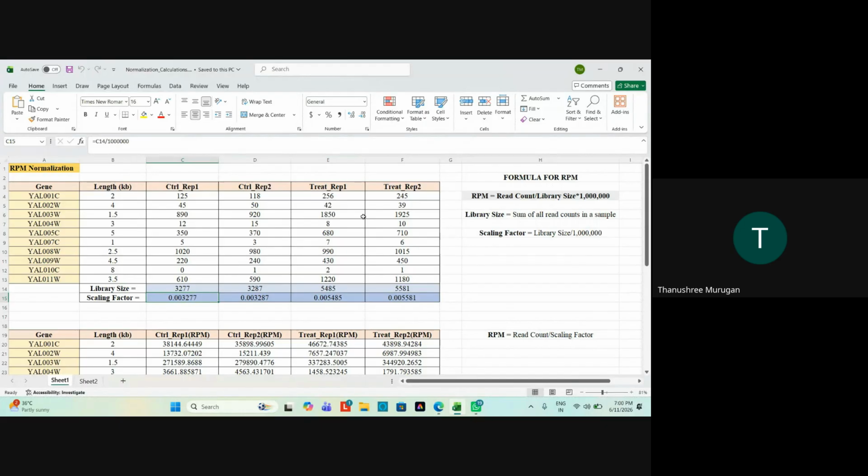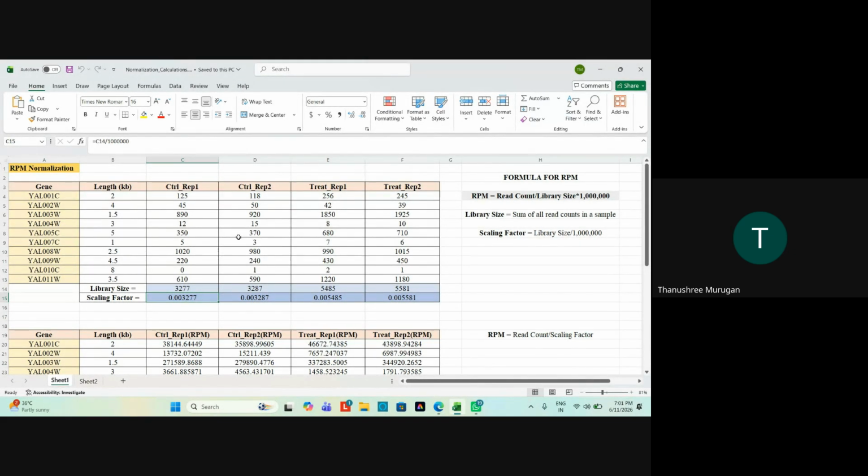Today I'm going to present the normalization calculation performed on the given RNA-seq count data. I have calculated RPM, RPKM, and TPM normalization using the provided data set. This is the raw count data matrix. Before starting the normalization, we can see that the total number of reads is different between the samples.